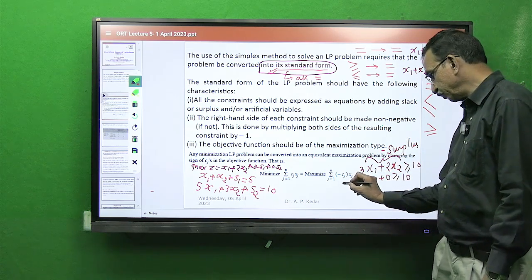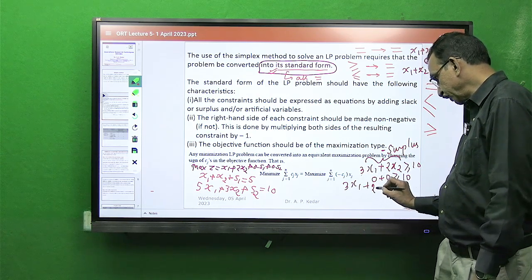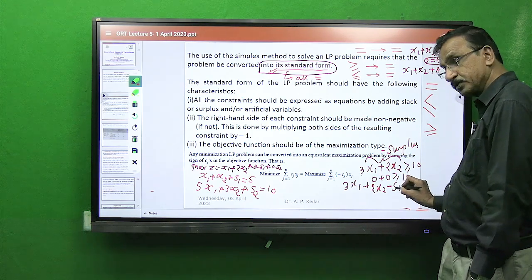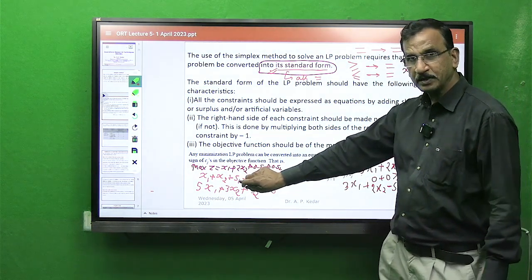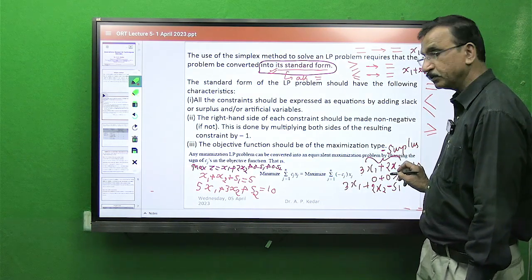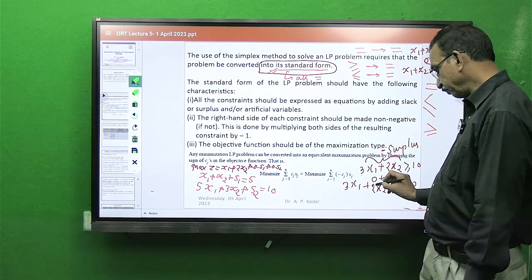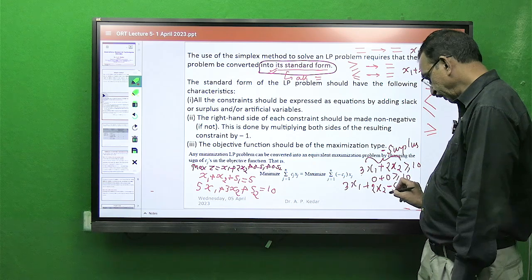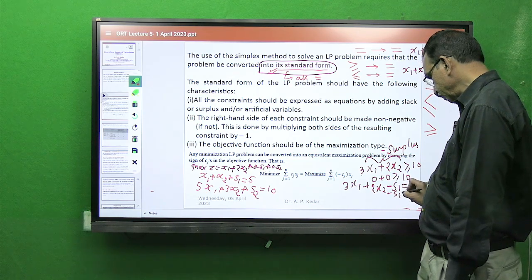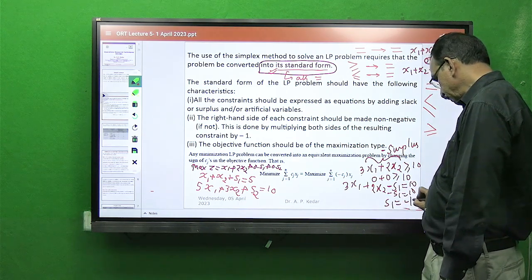So analogous will be 3x1 plus 2x2 minus s1 surplus. This s stands for slack, this s stands for surplus, since it is greater than equal to. And suppose I write equal to 10, and by putting this condition, what am I getting? Minus s1 is equal to 10, s1 is equal to minus 10.